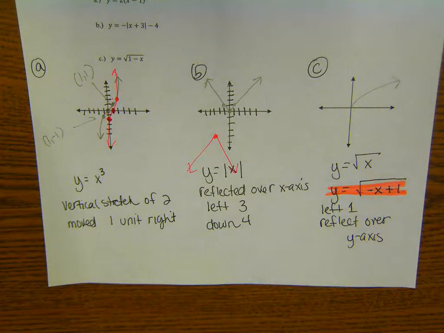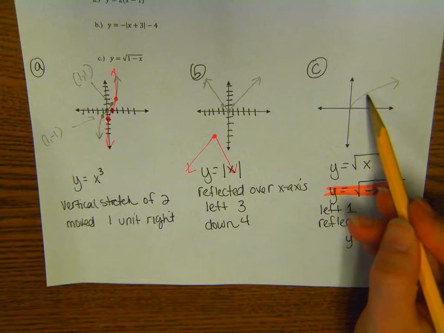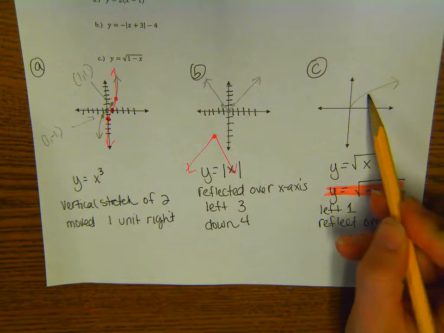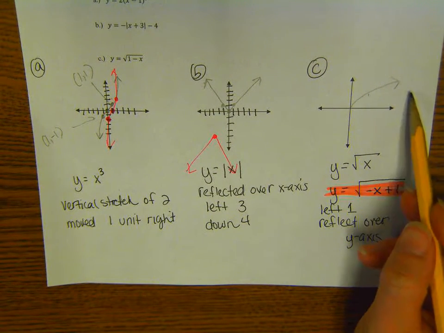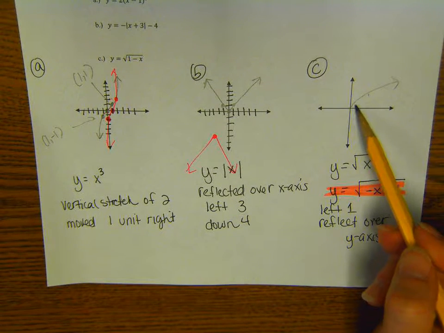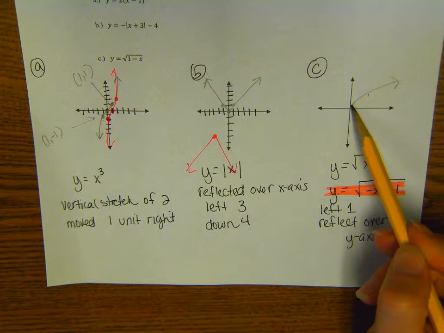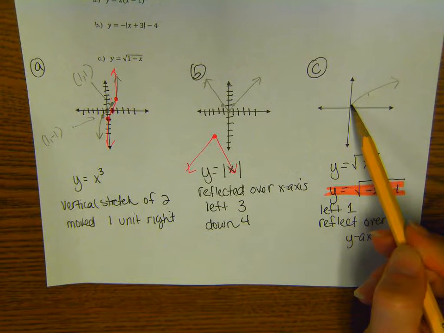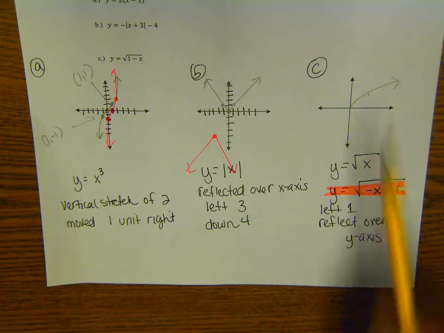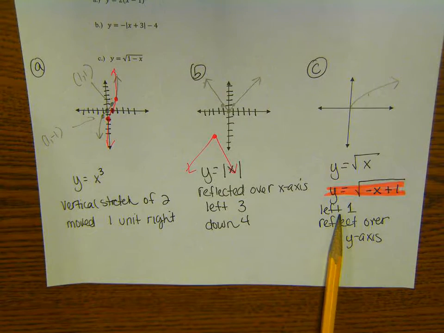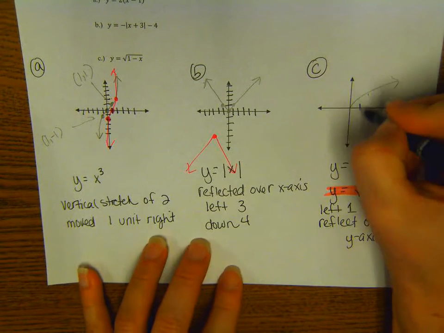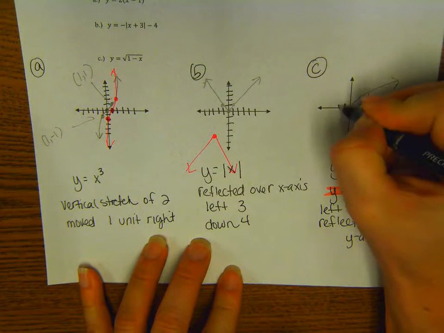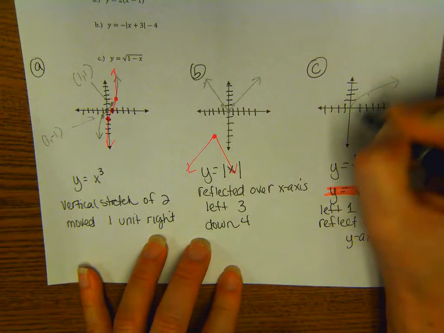All right, now I'm going to talk about key points on here. Think of the square root curve. Isn't the square root of 1, 1? And you could do the square root of 4 too if you wanted to for key points. But I'm going to just do a sketch here, so I'm going to just use my (0, 0) point. If I would move that left 1, where would it go? (-1, 0), right?